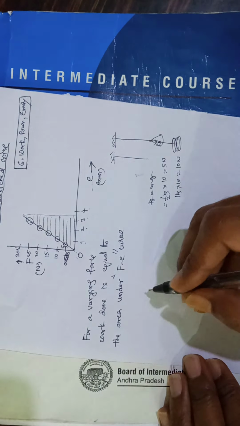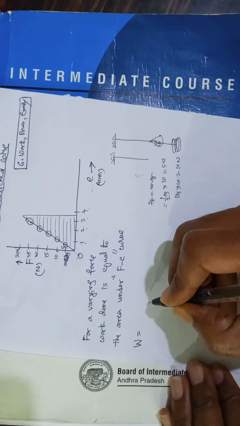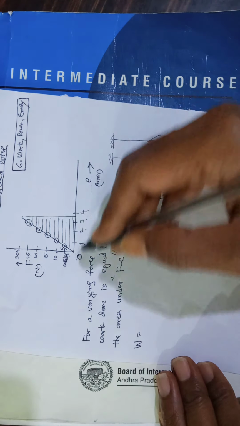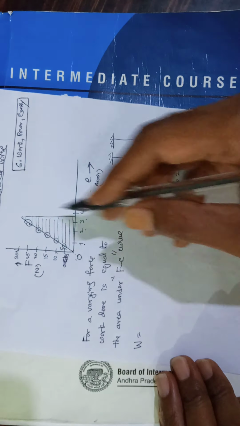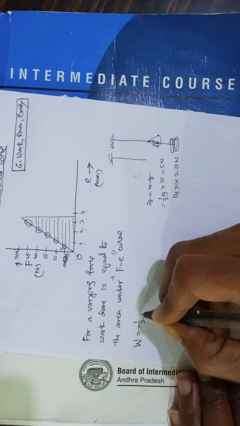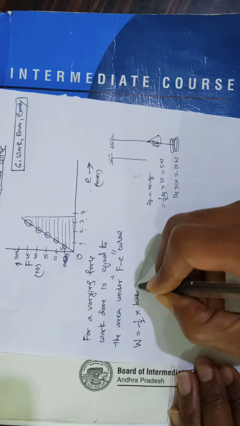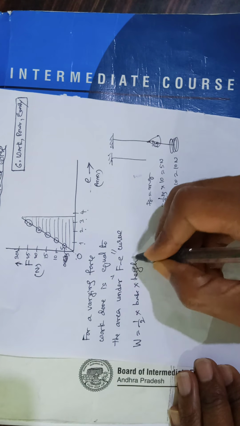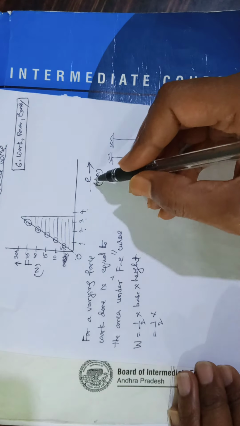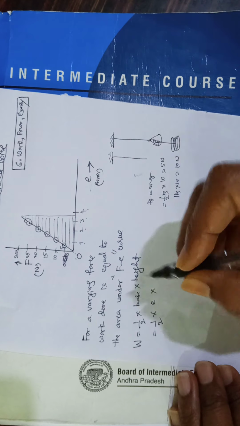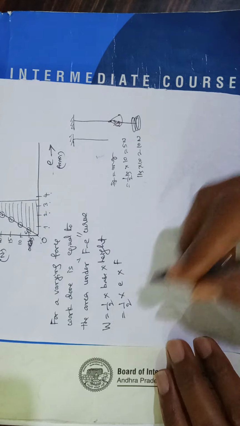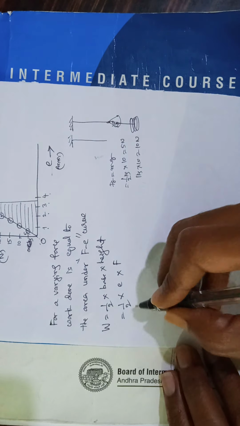So here the work done is equal to, this is a straight line, this is a right angle triangle, and area of a triangle is half into base into height. Base is elongation. Height is force. So this much work is done.